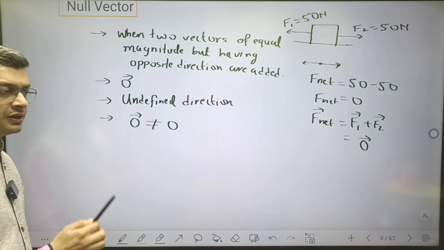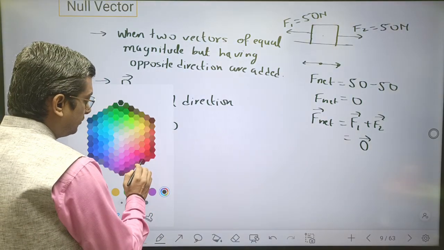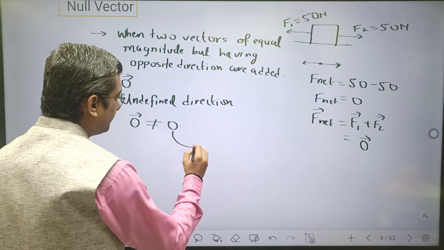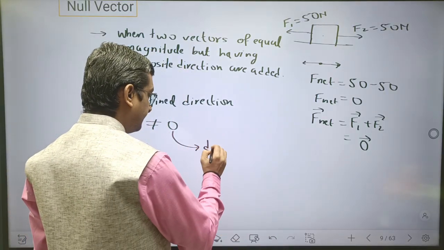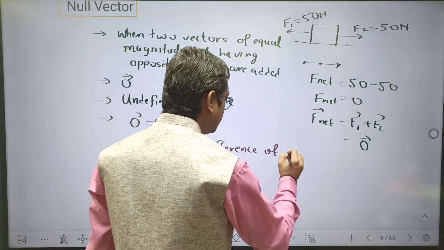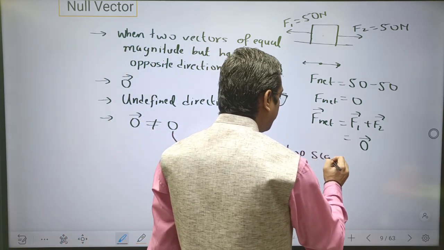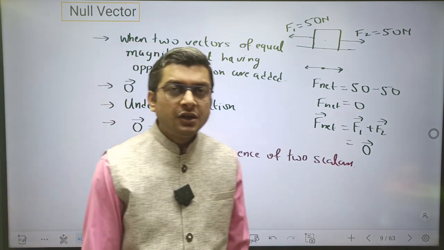This is conceptual point. Why? Because when you get this 0, this 0 is representing the magnitude, or you can say difference of two scalars, because scalar doesn't have direction, isn't it?